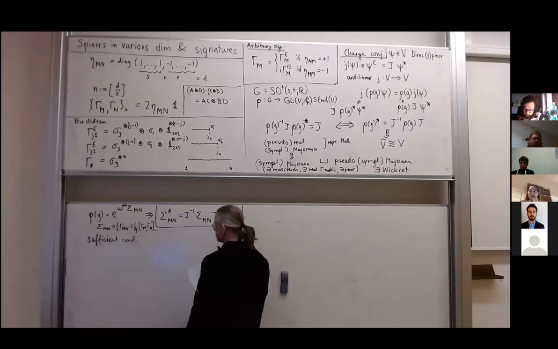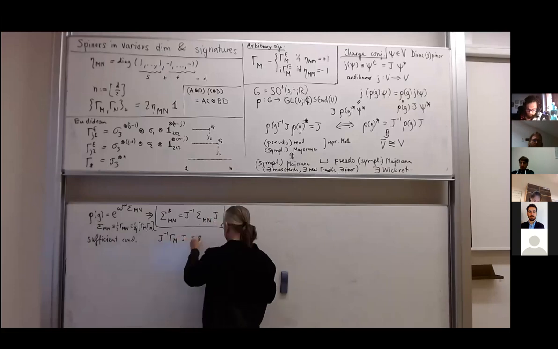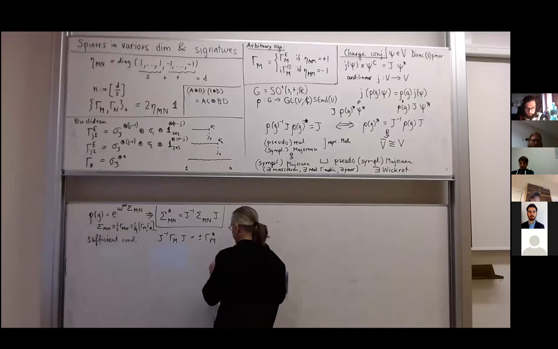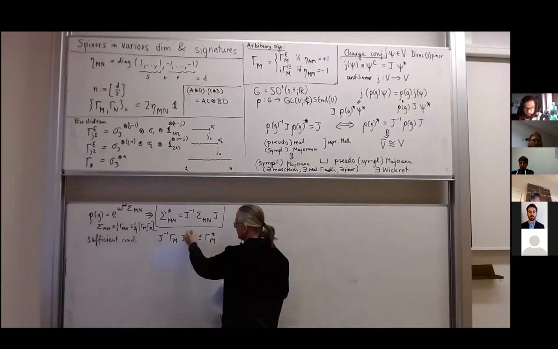So a sufficient condition for this to hold is apparently that we choose j gamma m j minus one to be equal to plus minus gamma star m. So if this is the case, then clearly this is the case.